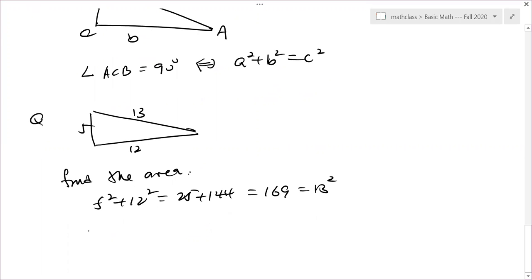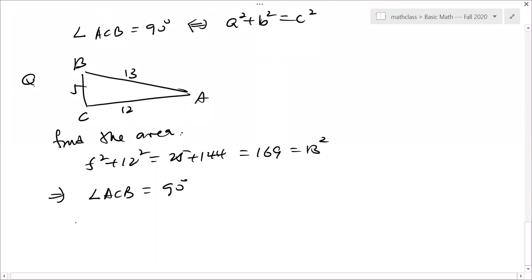Therefore, by the Pythagorean theory, this triangle ACB has a 90 degree angle. So you get a right triangle. So the area of this triangle ABC is half of the base times height, which is 6 times 5, 30.